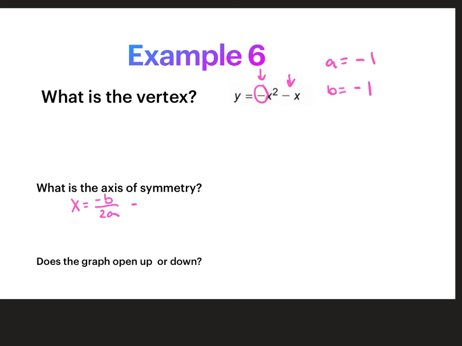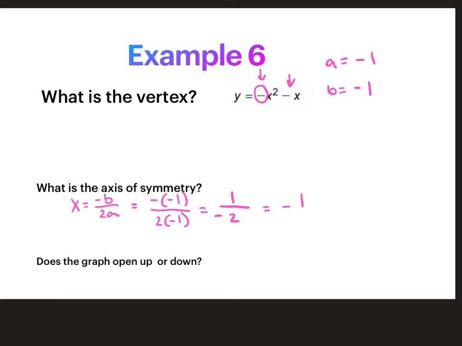So let's plug those in. So we have a negative, -1, over 2 times -1. So what happens to that negative times a negative on top? It becomes positive. So we have +1 on top. And then what's 2 times -1? -2.